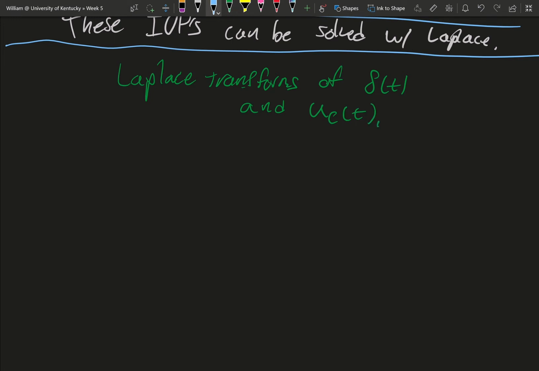So to start us off, we'll start with the Heaviside function.